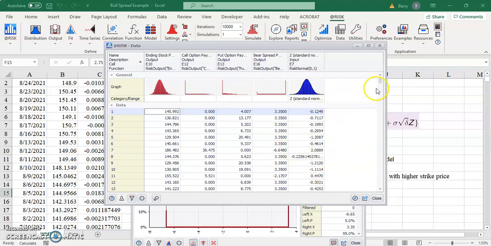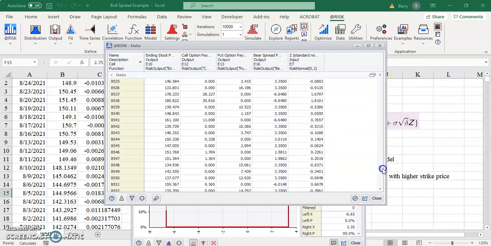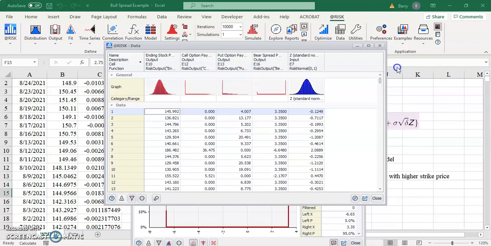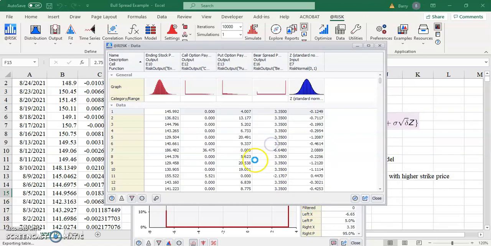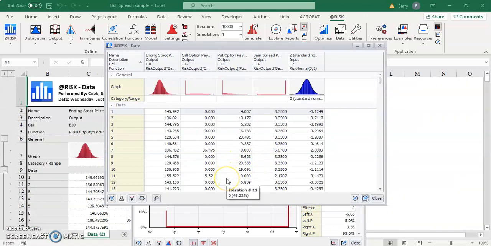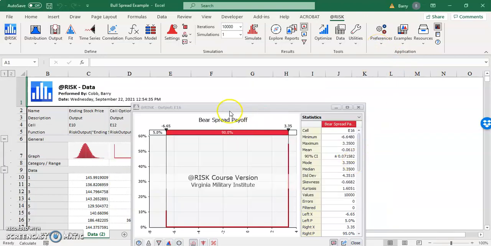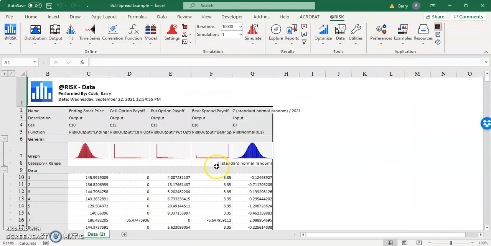This data shows all 10,000 trials in the simulation, and we're going to export this with the blue arrow at the bottom right and export to Excel. We'll do a new worksheet in the active workbook. So we can close this at-risk window. And now we've got a new sheet with the data.